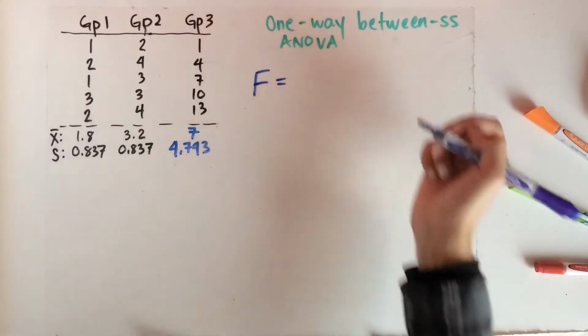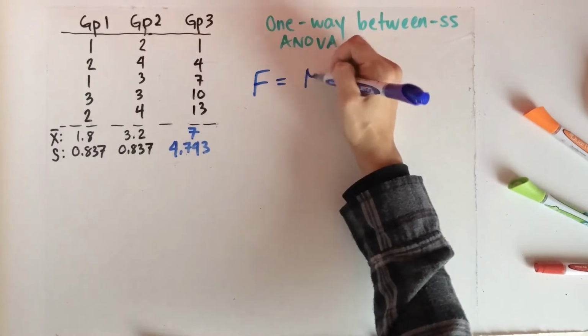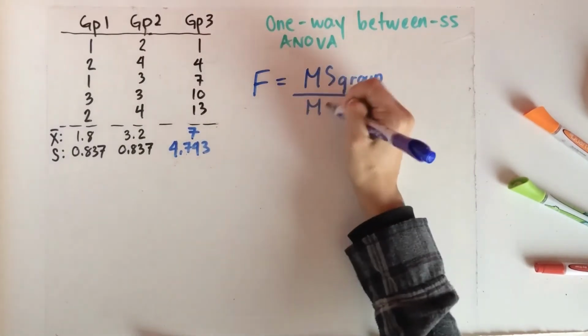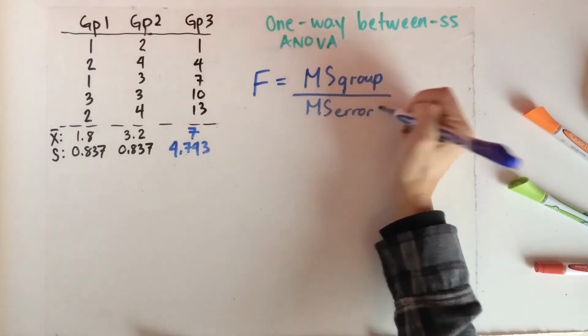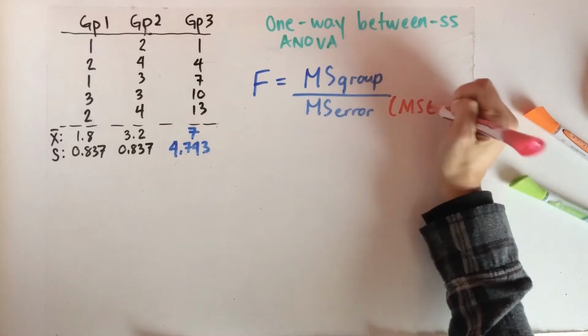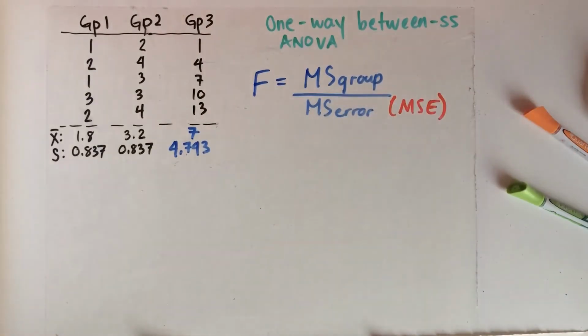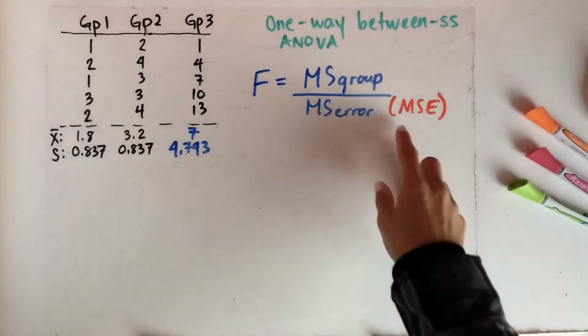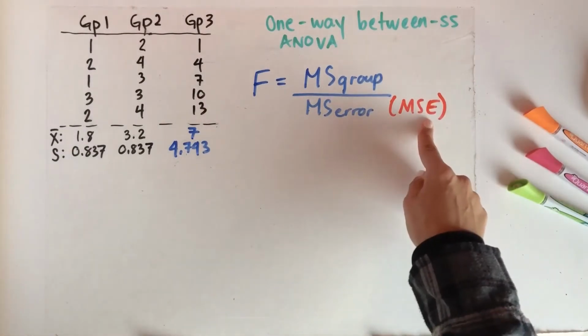F for this one-way between subjects ANOVA is the mean squared group divided by the mean squared error. You could also label it MSE, mean squared error, which is in fact how we report our result in APA style with an italicized MSE symbol.